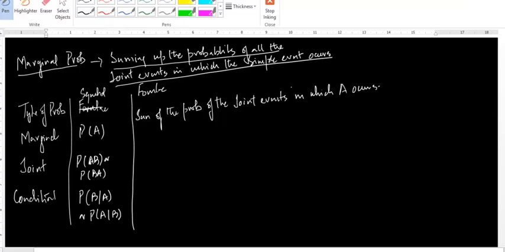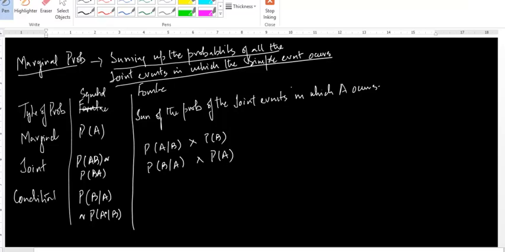Now the joint probability, when I have A and B occurring together, is the probability of A given that B has already occurred multiplied by the probability of B. In the case of BA, it's the probability of B given that A has already occurred multiplied by the probability of A.